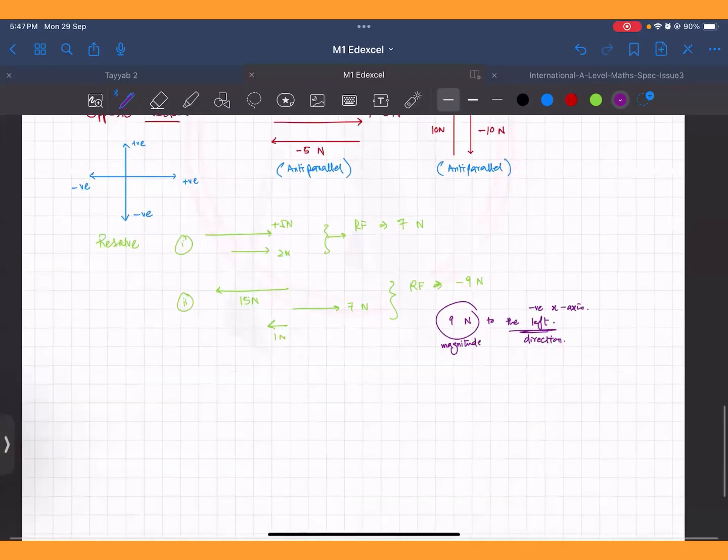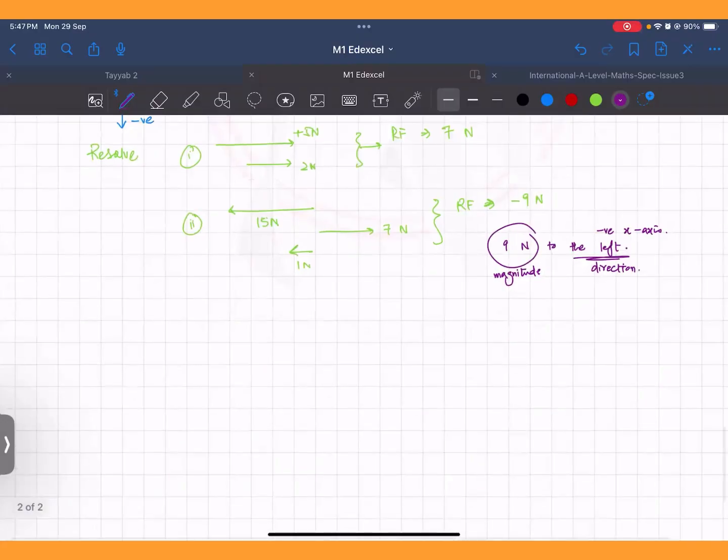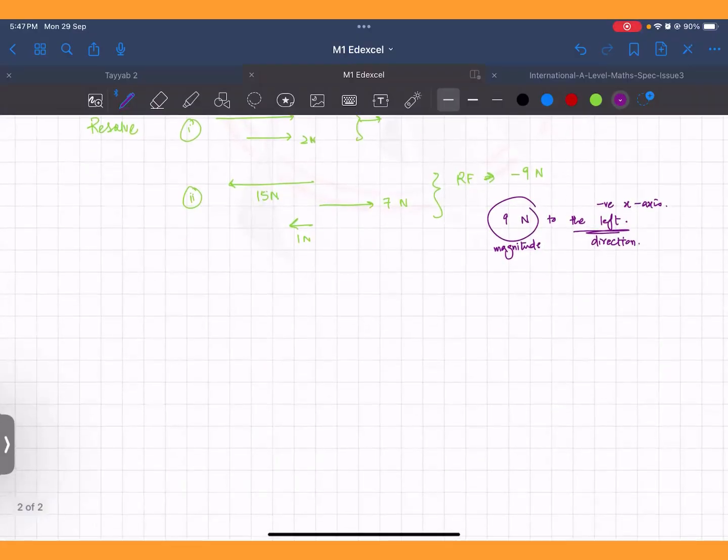Okay. But what if they are not parallel? The forces are acting at an angle to each other.